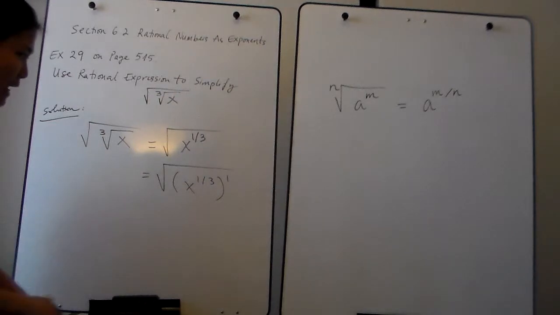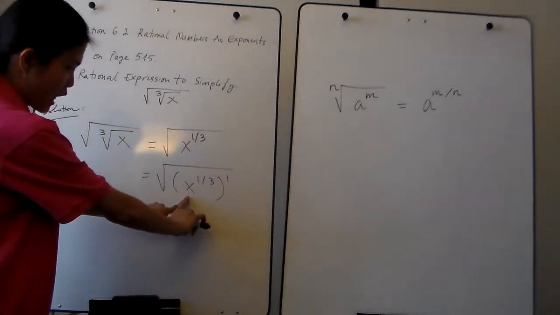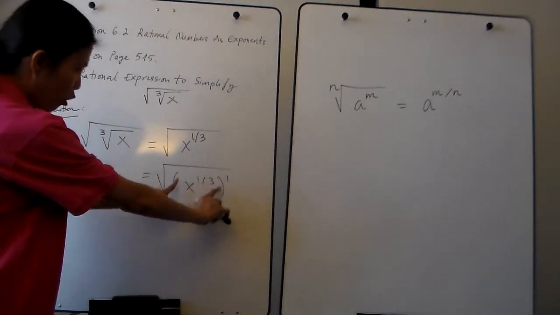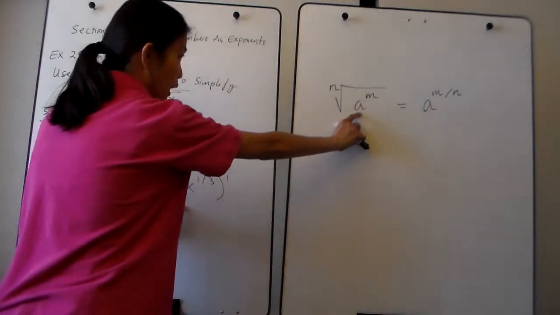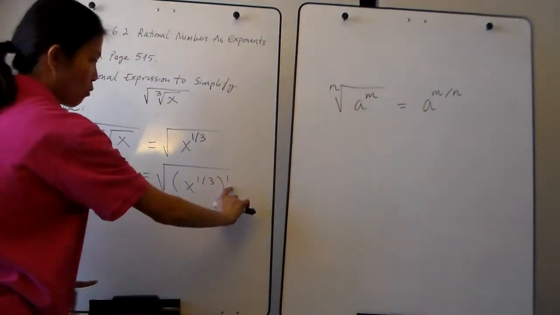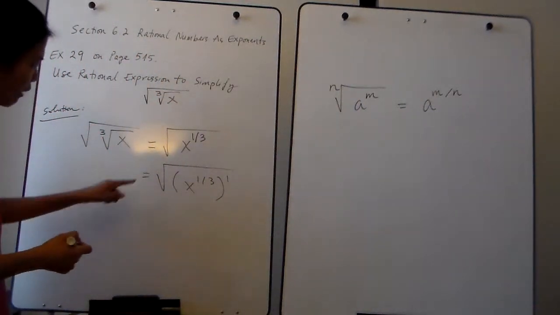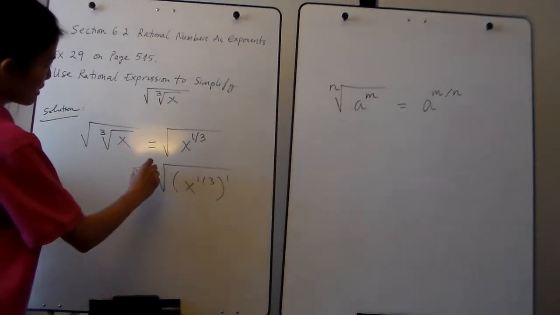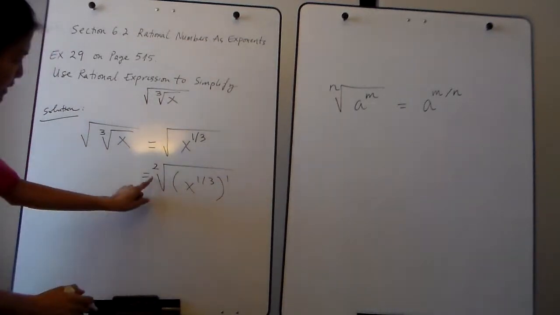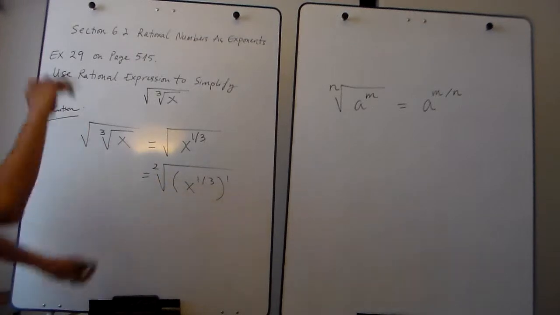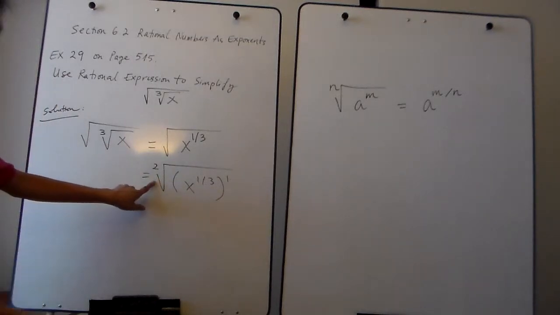The reason I do that is so that I treat x raised to 1 divided by 3, the whole thing here, as a, with m exponent 1. Okay? Now it's not written here, but this means square root. There's a 2 here. Okay? You don't have to put it, I want to show you.